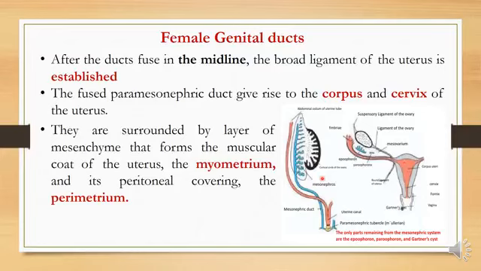After the ducts fuse in the midline, the broad ligament of the uterus is established. The fused paramesonephric ducts give rise to the corpus and cervix of the uterus.